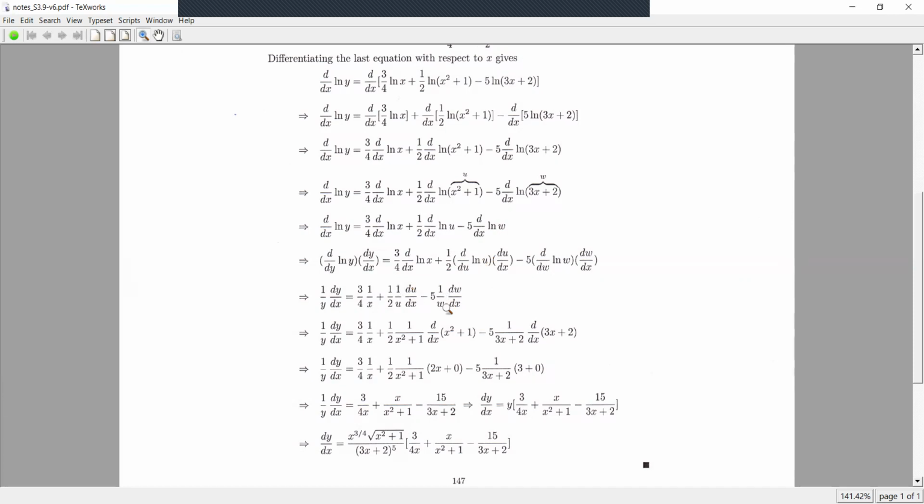Now, plug in, remove u and w. u is x squared plus 1. Plug in x squared plus 1 for the u here. And plug in 3x plus 2 for the w here. Then I have this equation.